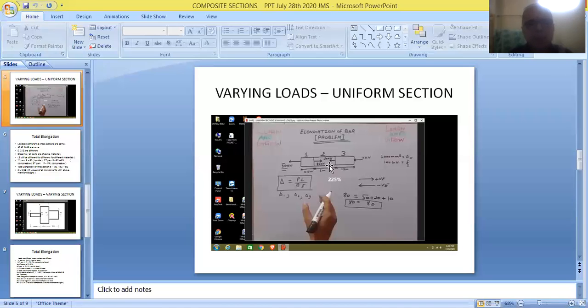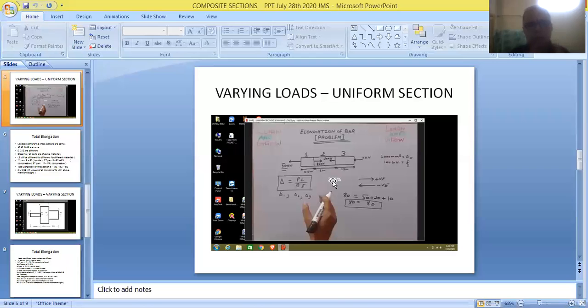And now for the second component, you have to take the difference between these two values. It is not visible. I think it is 80 minus 20. So 80 minus 20, maybe it will be coming to 60. Of course, it is subjected to compression.